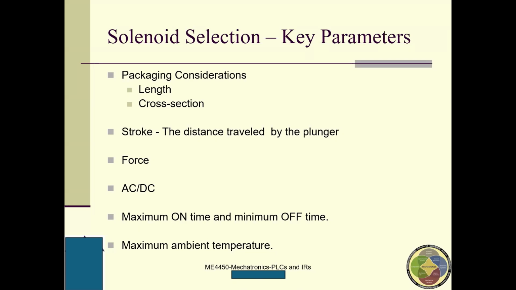Let me tell you, DC is more reliable, also cheap and safe. AC is more powerful, but you need to be very, very careful. Then there are maximum on time and minimum off time, and maximum ambient temperature. When this device is working, if its ambient temperature increases substantially within a short time, you need to be very careful. We are going to talk about strategies to reduce energy consumption at the end of this lecture.